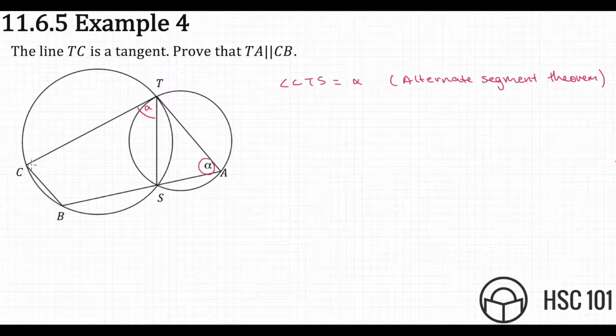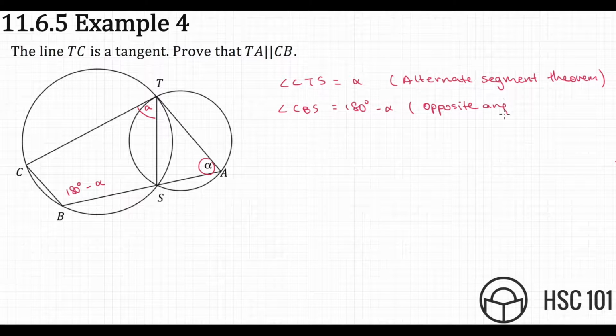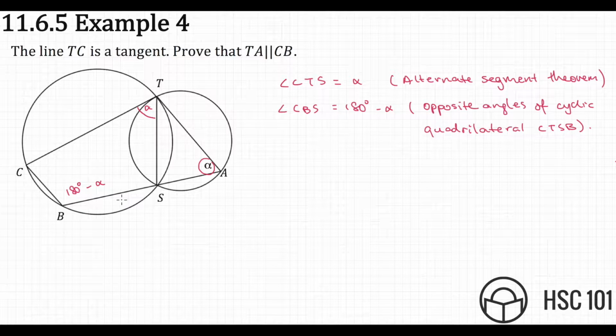So if angle CTS is alpha, then angle CBS must be 180 degrees minus alpha, and the reason for that is because they are the opposite angles of cyclic quadrilateral CTSB. So that's what we have over here.